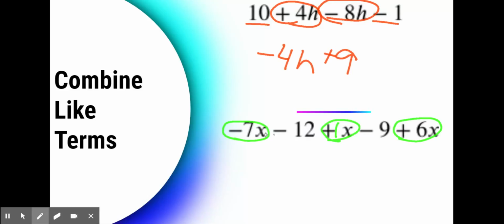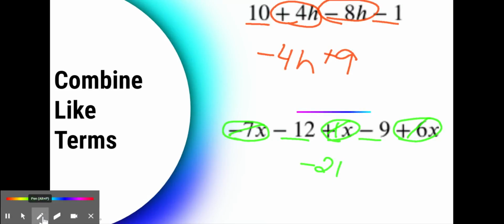You can handle this any number of ways, but I'm going to say negative 7x plus 1x would be negative 6x, and negative 6x plus 6x is 0. So my x's actually all cancel. They become 0. They go away. Then I have negative 12 minus 9, and negative 12 minus 9 is negative 21. So this one simplifies to negative 21.